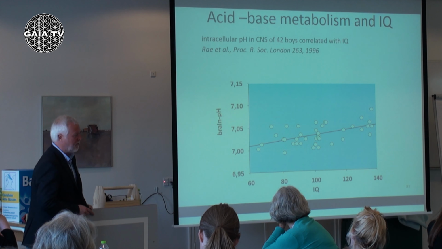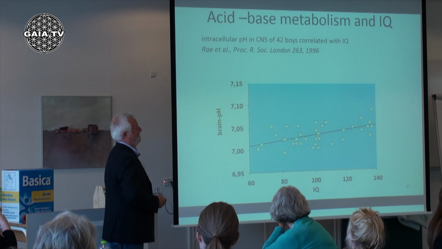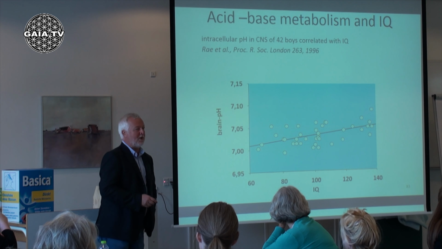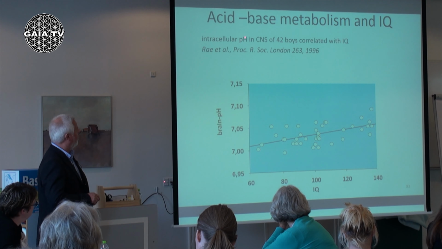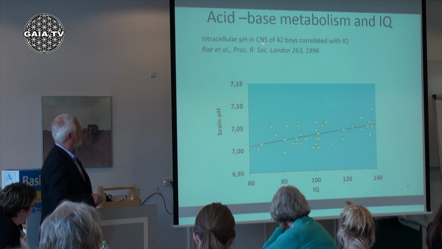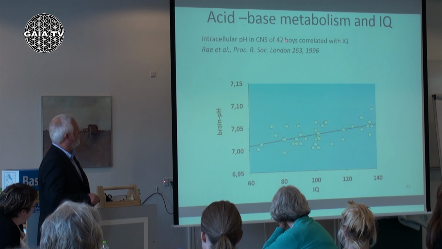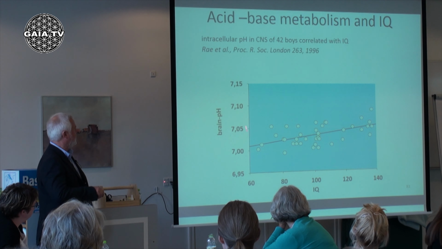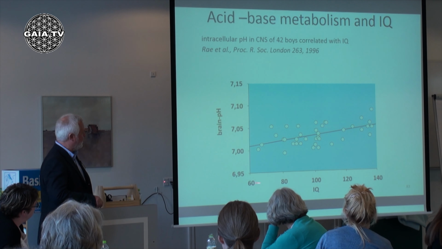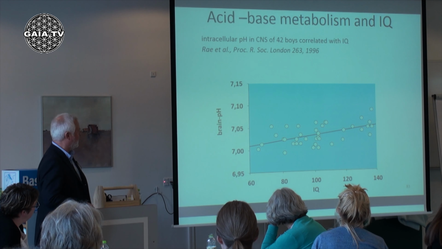There's also a connection of acid-base status with our brain. And this is, again, a nice study, acid-base metabolism and IQ. In this study, the intracellular pH in the brain, in the central nervous system of 42 boys was correlated to their IQ. And you see here, this is the brain pH. Here it gets more acidic, and here I would say it's getting more stupid.